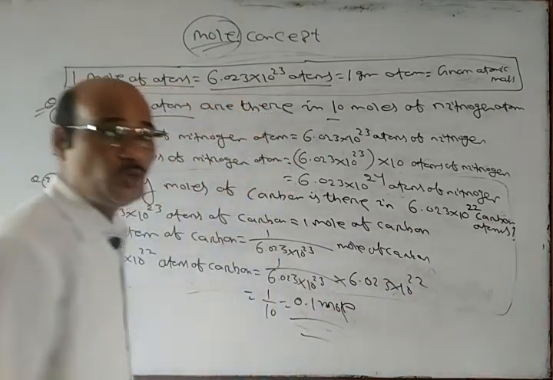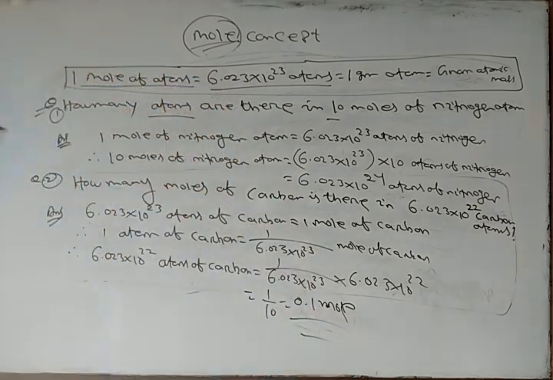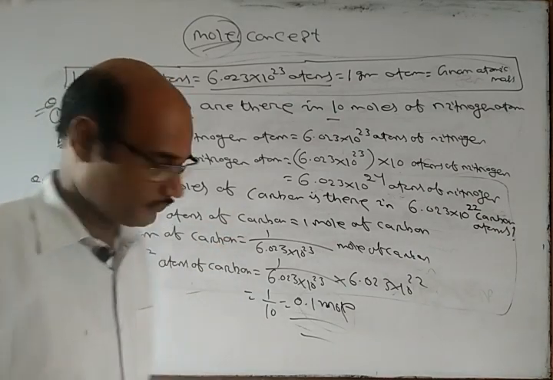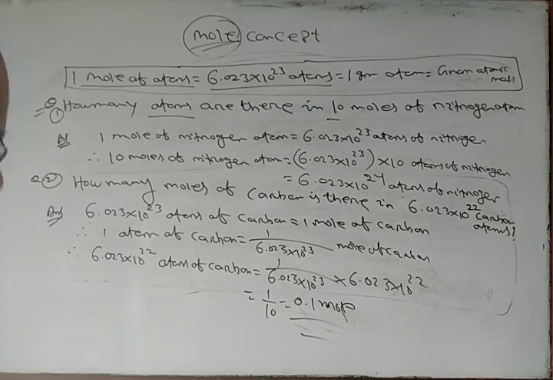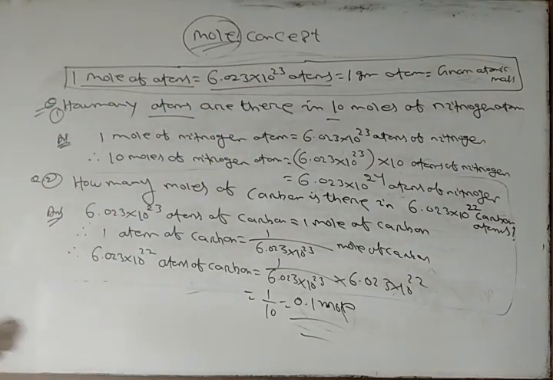So 0.1 mole of carbon is there in 6.023 into 10^22 atoms of carbon. Okay, so this is your mole to atom and atom to mole.